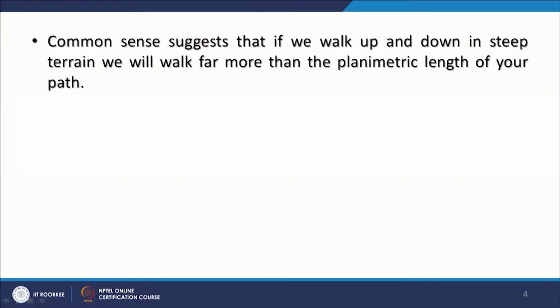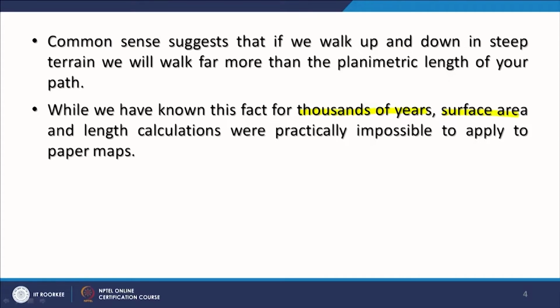As we know in our day-to-day life, if we walk up and down in a steep terrain, we will walk far more than the planimetric length of our path. So, planimetric length is always less than the surface length in a hilly terrain. While we have known this fact for thousands of years, surface area and length calculations were practically impossible to apply to paper maps such as topographic maps.